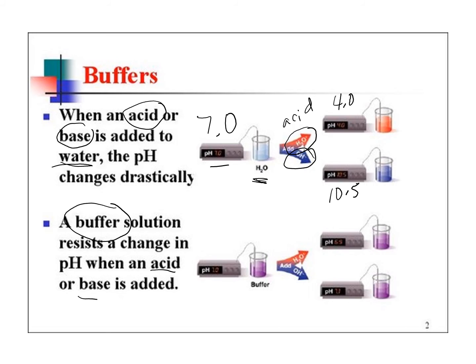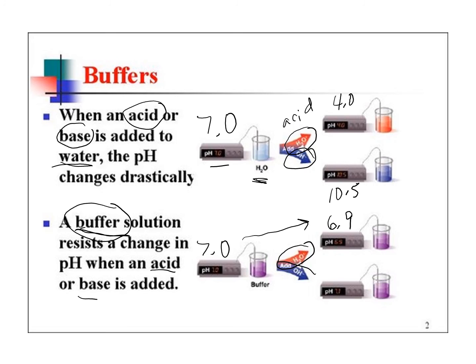If I have a solution that contains a buffer in it and I add an acid to it, again, my buffer solution is about 7, and I add the acid to it, my pH is going to change slightly, but compared to adding the same amount of acid as I did in my water, the pH is only going from 7 to 6.9. There's not a huge jump because again, our buffer system is going to neutralize those excess hydronium ions added to it because it's got a weak base in it.